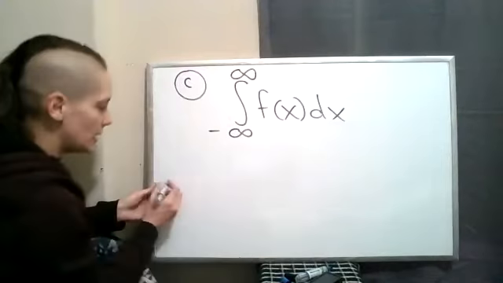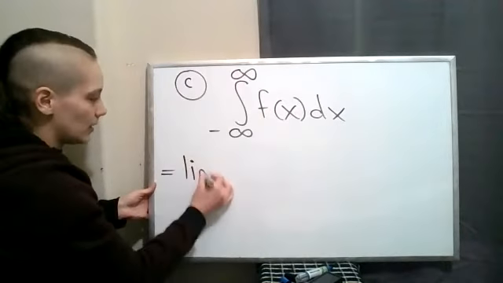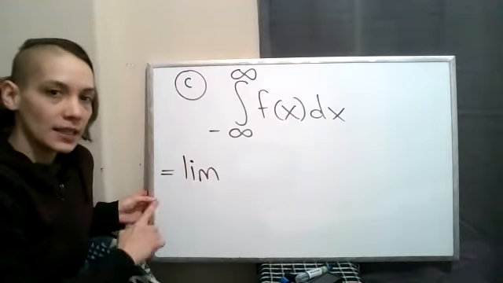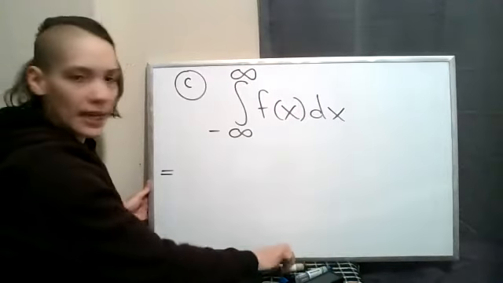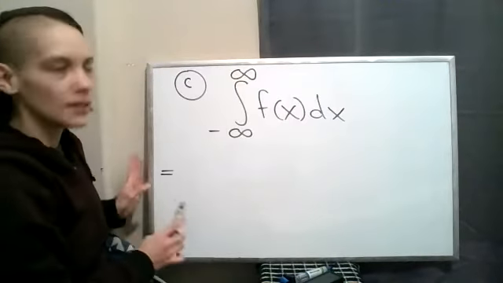Okay, so the first one is the limit as t goes to, actually, no, we're going to do this. We're going to keep it in integral form, and then you can use the previous parts if you need to.